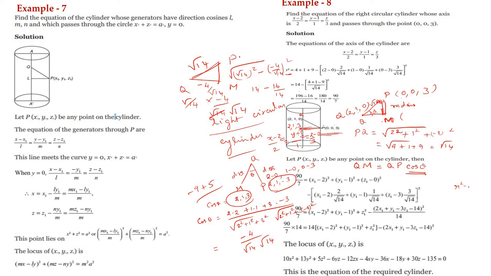So R square is 90 by 7. If we know the radius, R is therefore the square root of 90 by 7. If we know the radius and the equation of the axis, then we can easily obtain the equation of the cylinder.